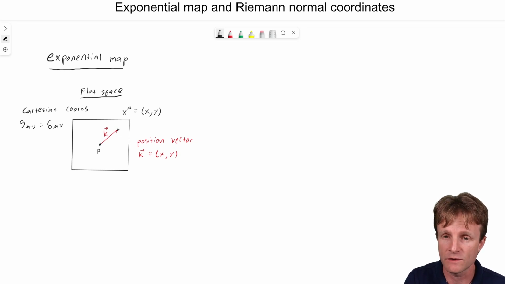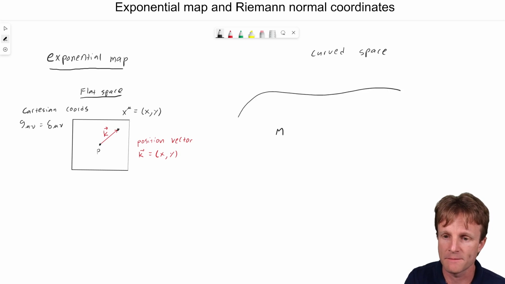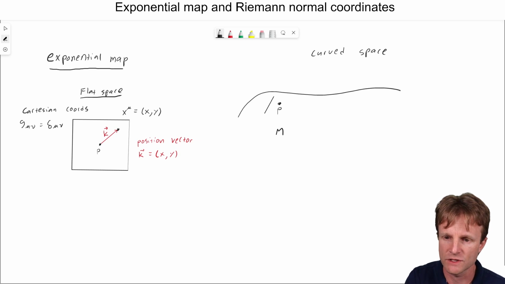Let's see how close we can come to doing the same thing in a curved space, or a curved space-time. So now the cartoon is there's some curved manifold M, and at some given point P, we have the tangent space, which we draw as a little flat plane, but it's just the tangent space where vectors live.